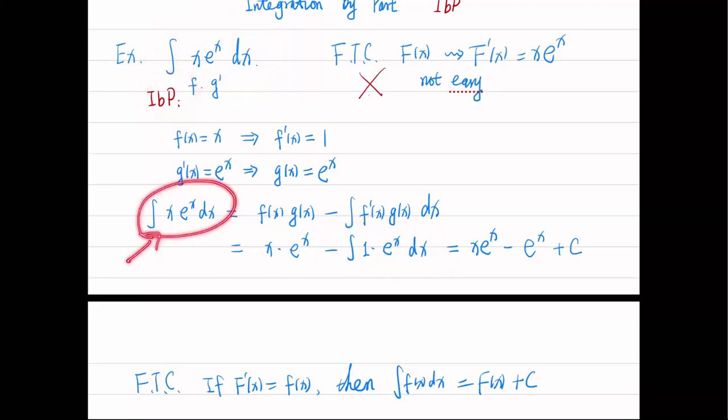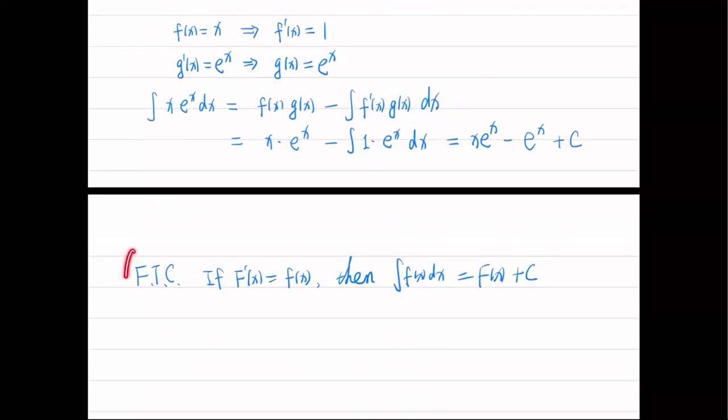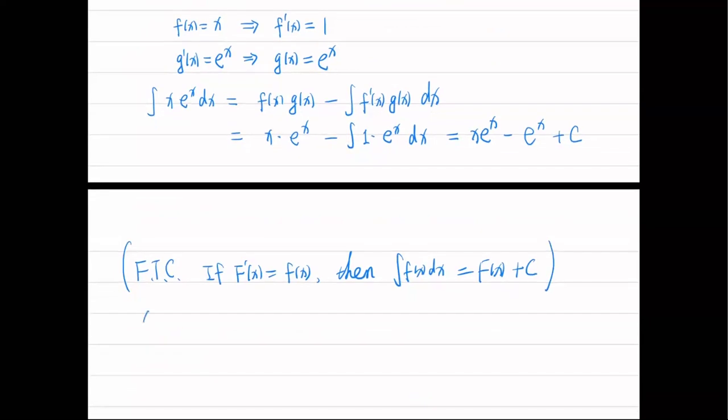Okay, so now let's check our calculation is correct. Let's take the derivative of this. x, e to the x, e to the x. Let's see, what's the derivative? How do you take the derivative of x e to the x? The product rule, right?